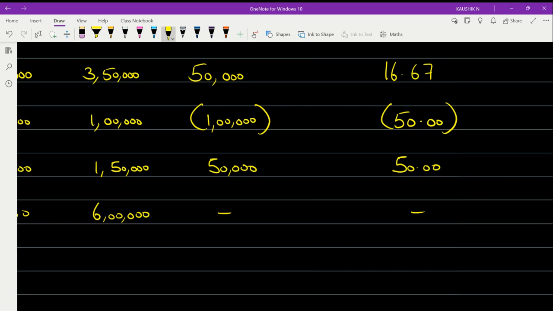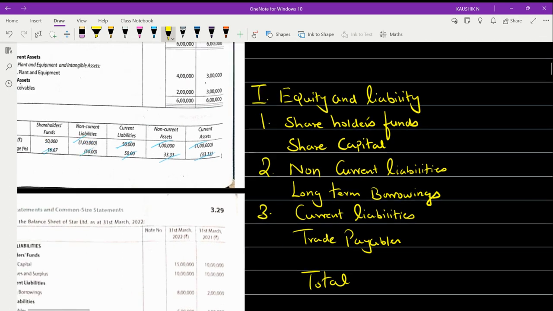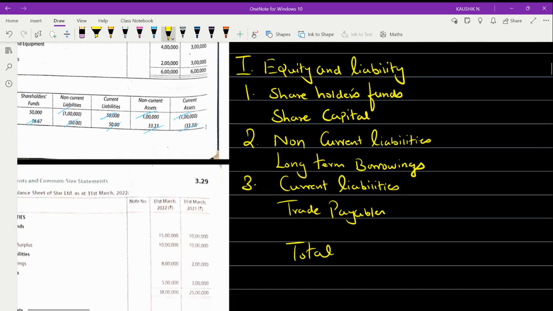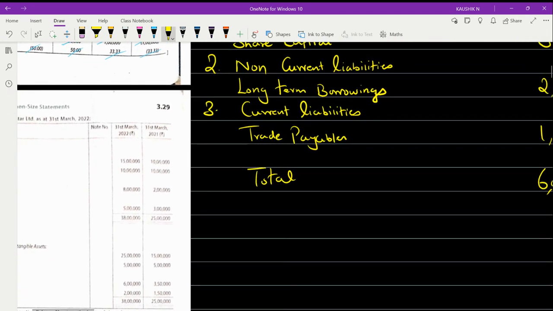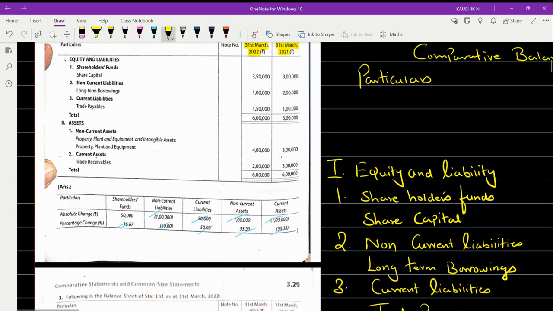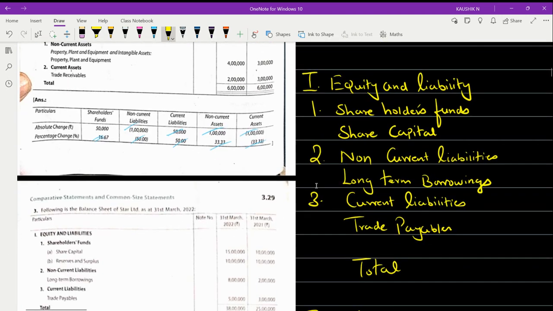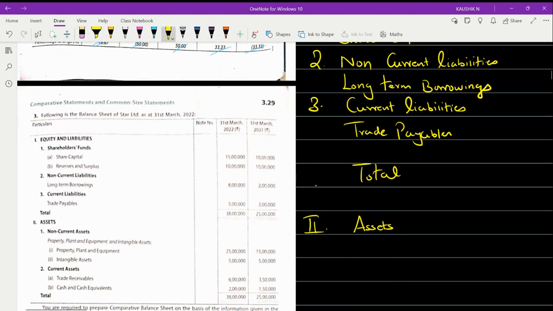No, sir. Now, in the same way, carry out our assets also. So Roman number 2, you are going to record as assets. Under assets, the first one is number 1, non-current assets.